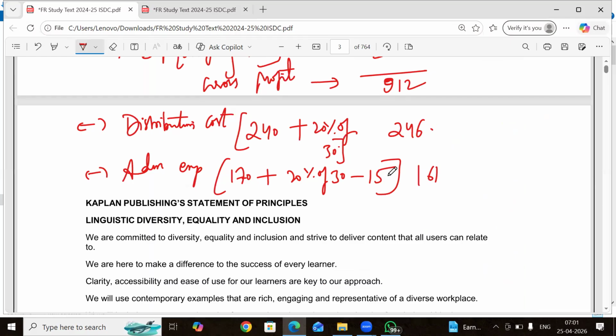So 15 is reduction of provision. It reduces the expense. From 90, we have made it to 75. So 912 minus 246 minus 161. It is 505.